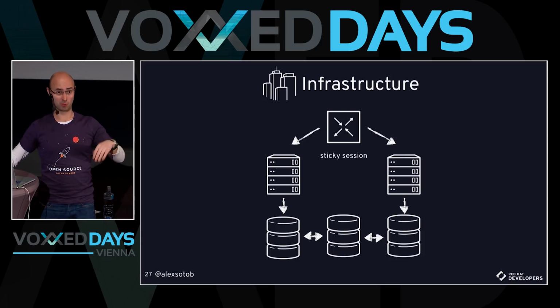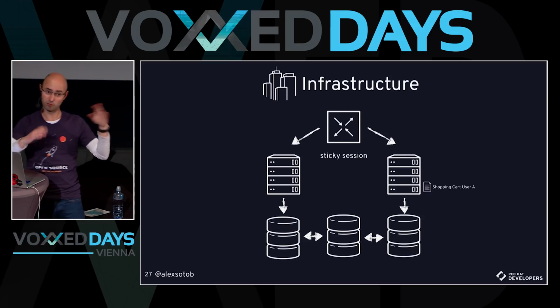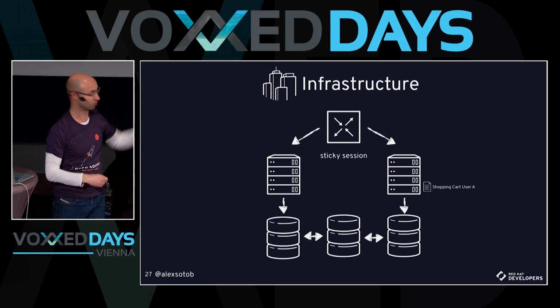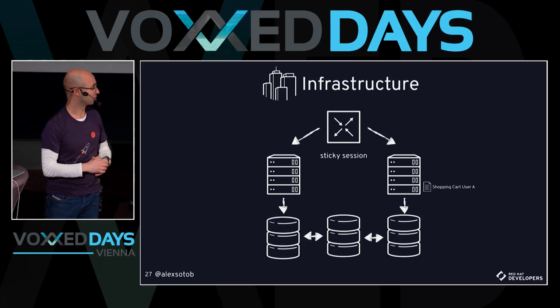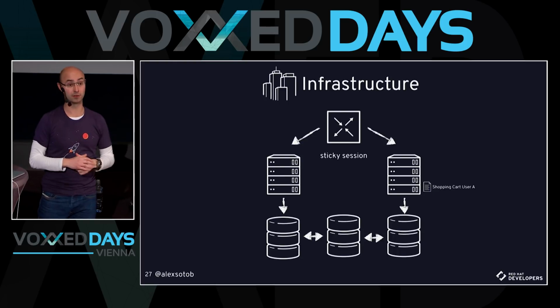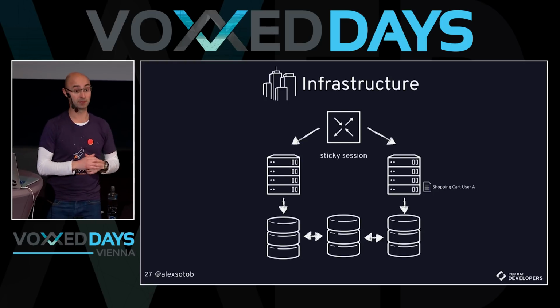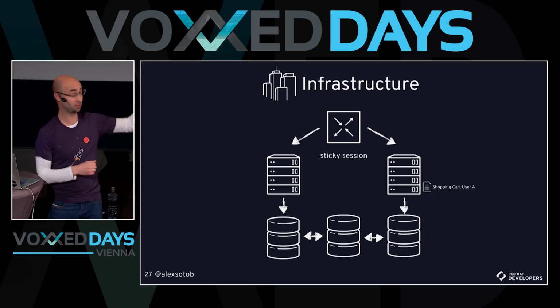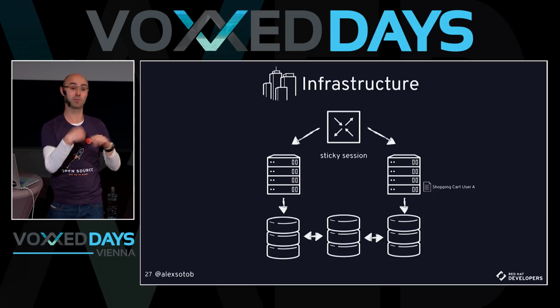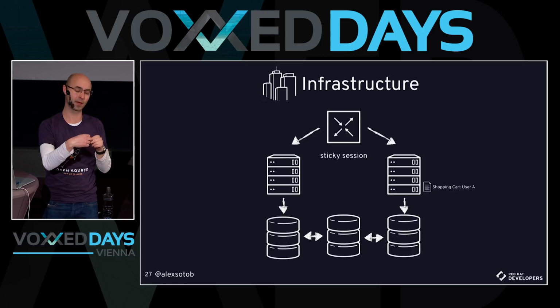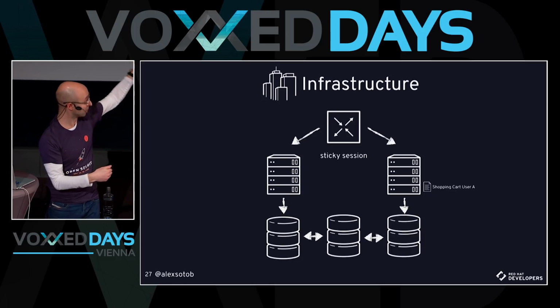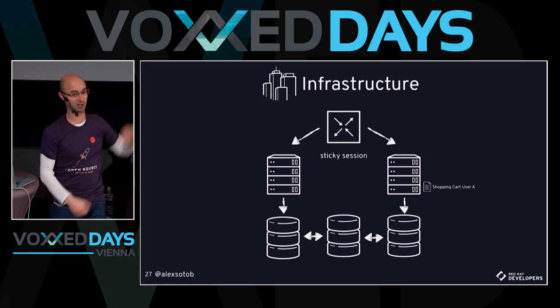Suppose that I want to buy something, so I add a product into the cart, and for any reason the load balancer decides that I have to go to this node, so I put the shopping cart in the user ID here. This is the session, right? This HTTP session is stored in the server, and then with the sticky session, all my next communication will be redirected to this server as well.